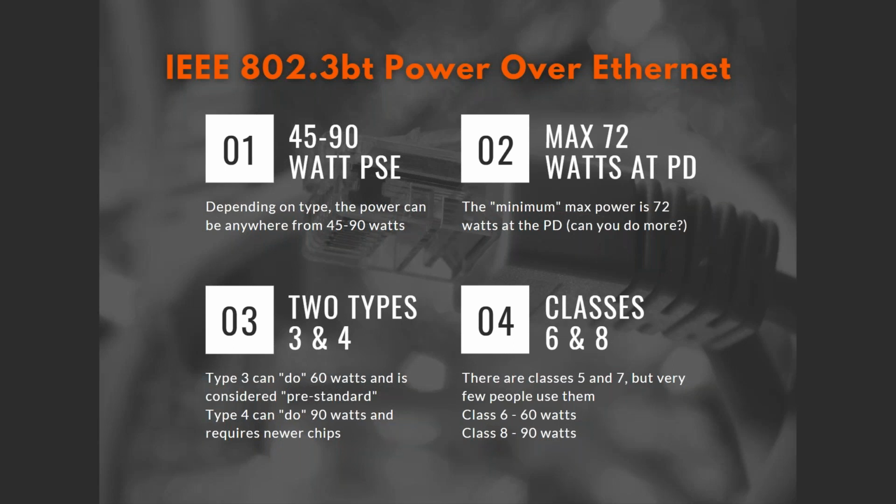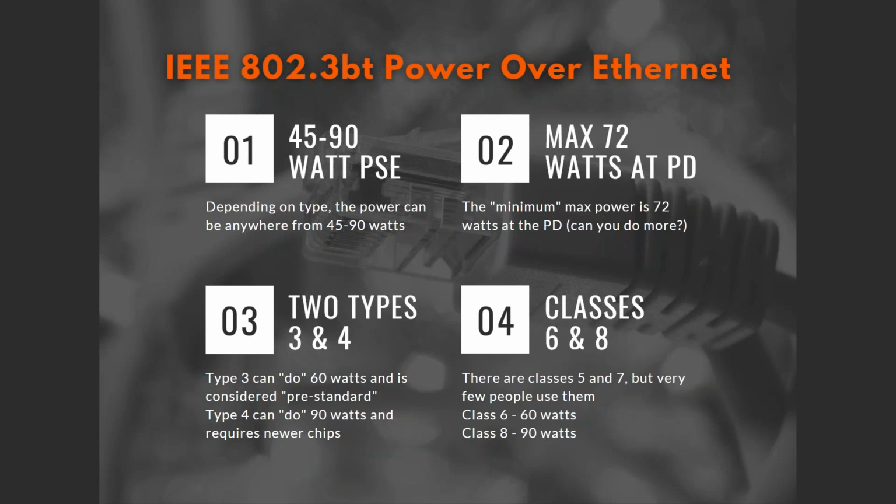So we always plan on 72 watts at the PD side. Now, there are 2 types of BT PoE. Basically, it comes down to the type of chips you have in your PoE devices. In practice, Type 3 PoE means it's pre-standard and typically offers about 60 watts of power. Type 4 means it came after the standard in 2018 and typically offers 90 watts.